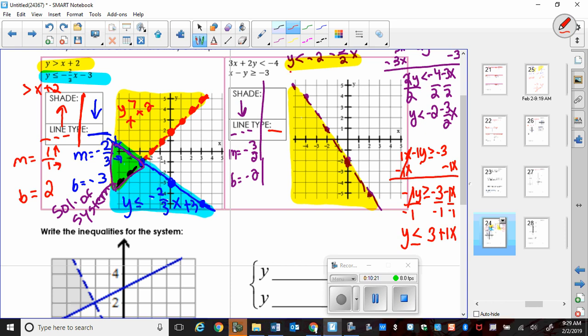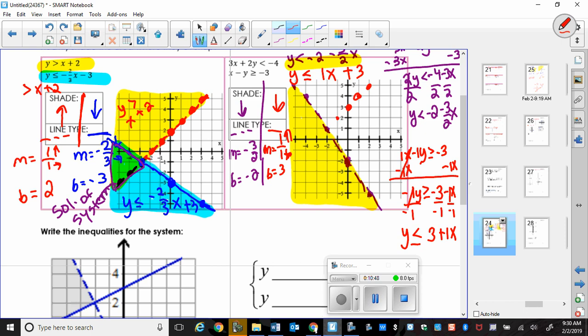Now, I'm going to rewrite my equation over here. Y is less than or equal to, I'm going to put my x term first, 1x plus 3. I'm shading down, and my slope here is 1, and I want to make it a fraction, so 1 over 1. B is positive 3, so I'm going to go ahead and graph that. I go up 1, right 1, up 1, right 1, make a point.